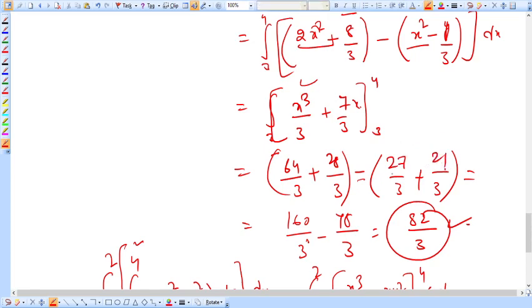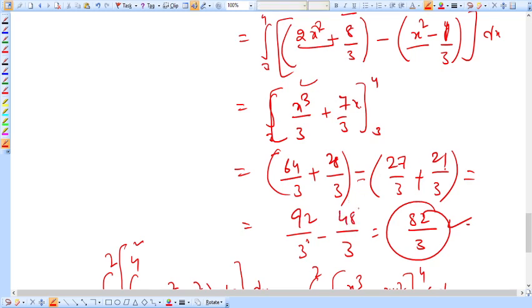You can cancel it out, but we are not cancelling it because later on we will have to take the LCM. In this way you are left with 92, and it would be equal to 48.